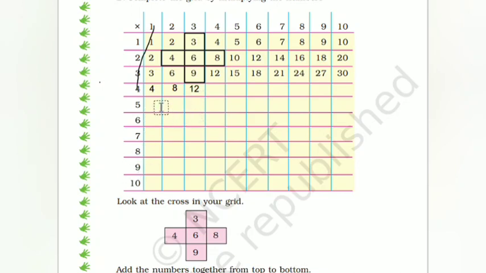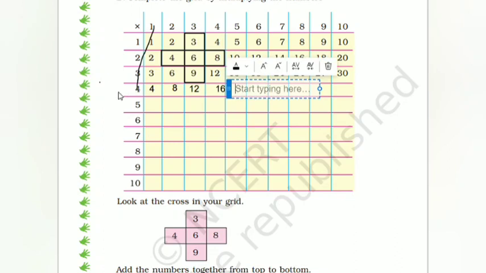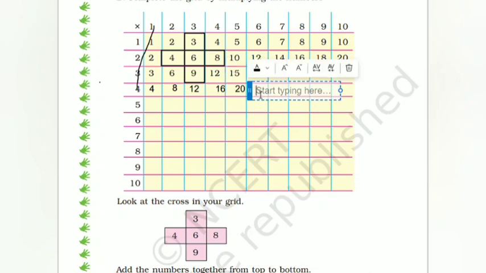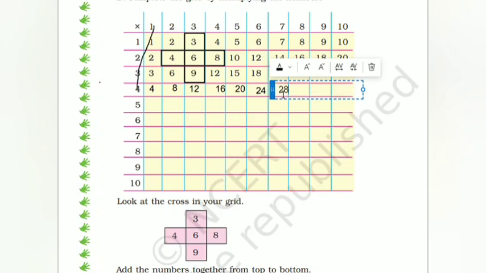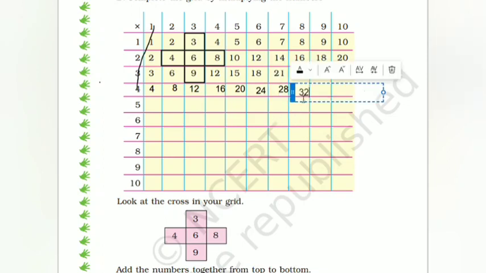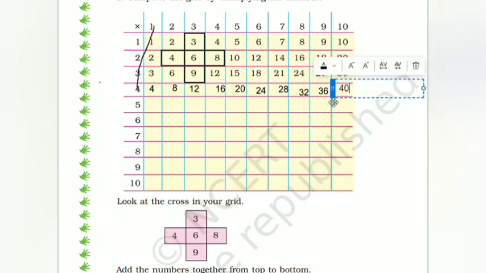Then 4 multiplied by 4, we get the answer 16. 4 times 5 gets 20. 4 times 6, 24. 4 times 7, that is 28. 4 times 8, 32. 4 times 9, that is 36. 4 times 10, it is equal to 40.